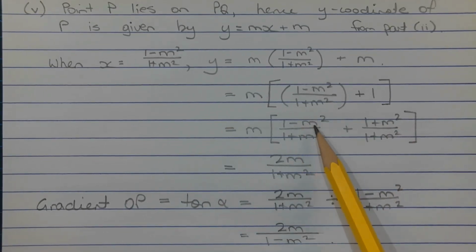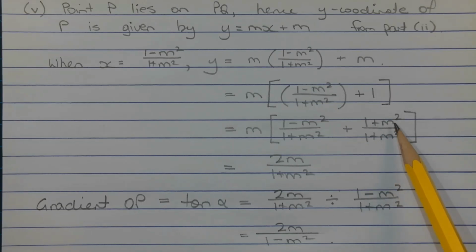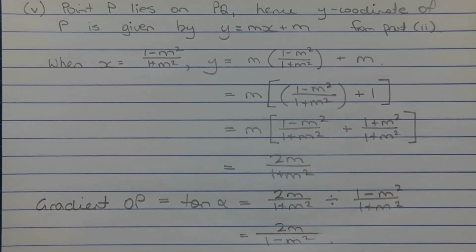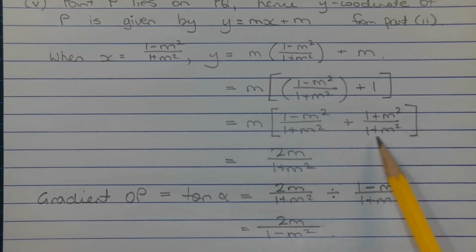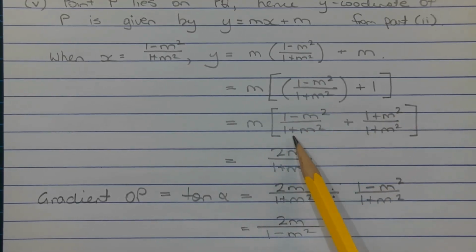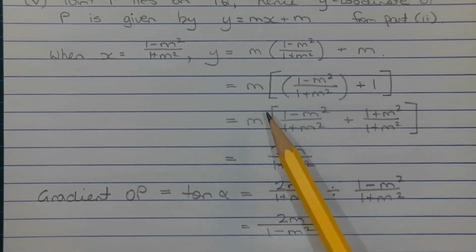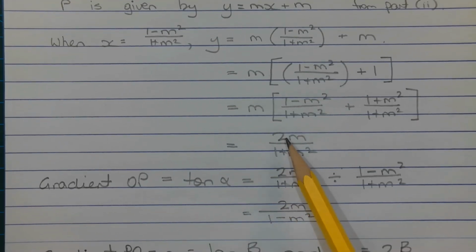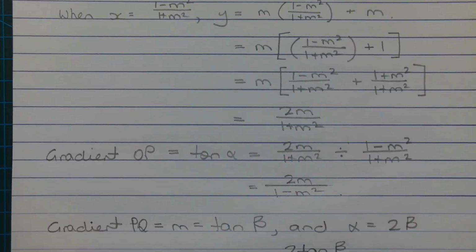Now we have a minus m squared here, a plus m squared here, so they will cancel to 0, and 1 plus 1 is 2. So inside the square brackets, we get 2 over 1 plus m squared, and then multiplying that by m, we get y is equal to 2m over 1 plus m squared.